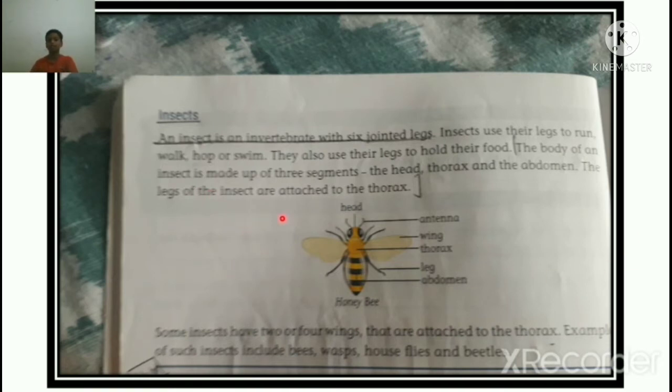The legs of insects are attached to the thorax. As you can see in this diagram, this is the thorax and these are the legs of this bee. Some insects have 2 or 4 wings that are attached to the thorax. Examples: bees, wasps, house flies and beetles.